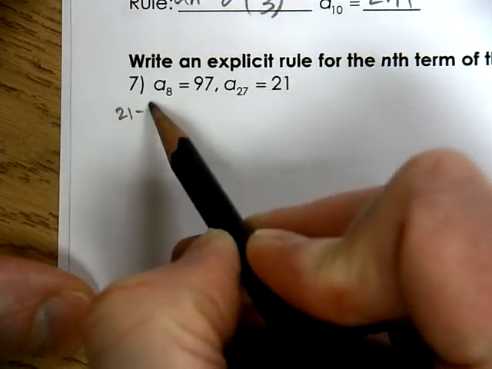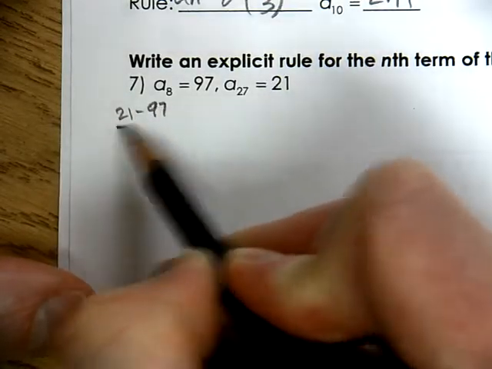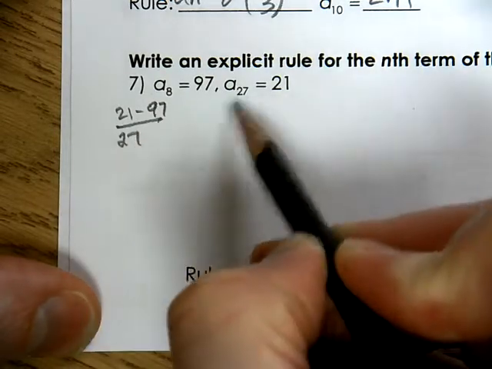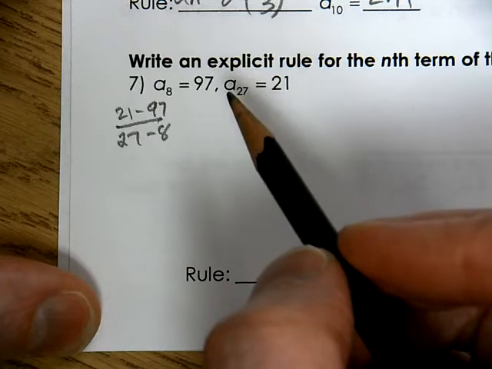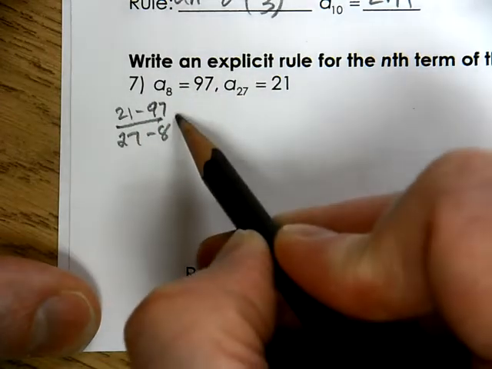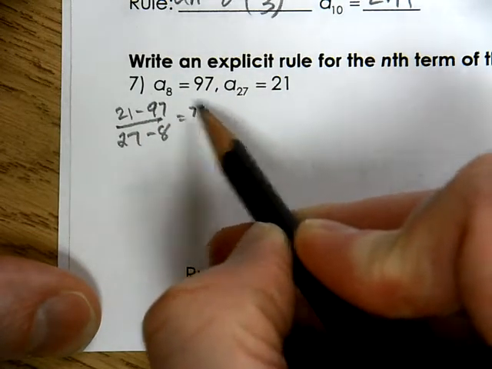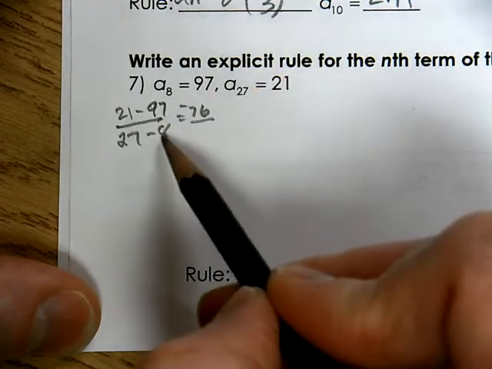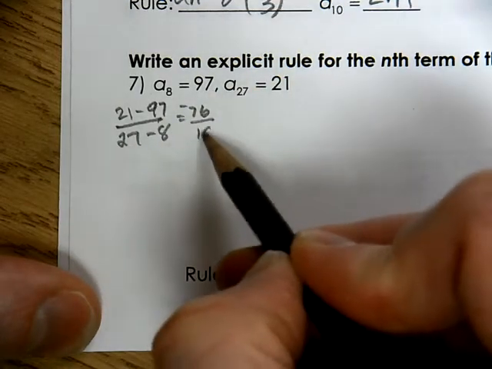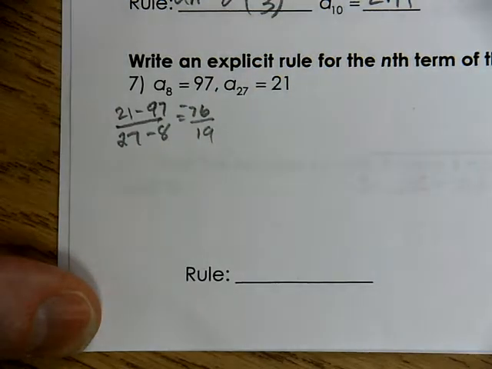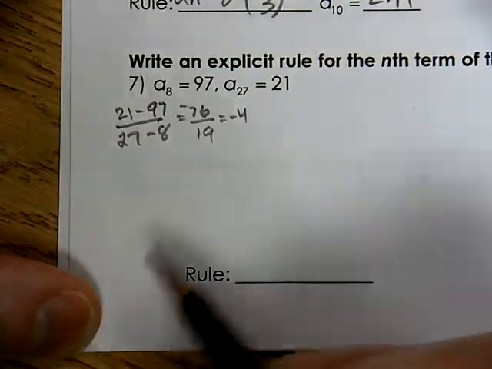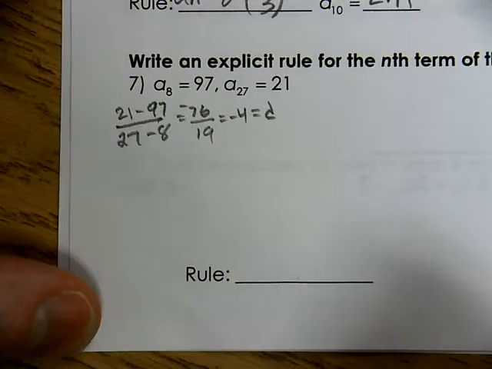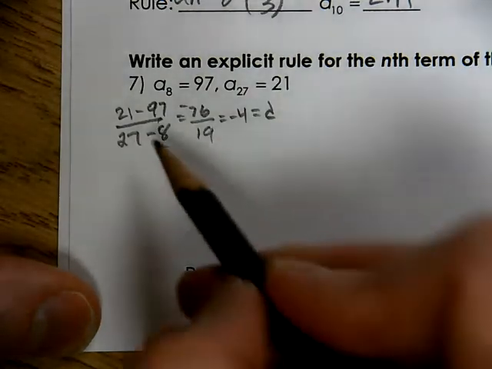So we did 21 minus 97 and 27 minus 8. So we got negative 76 over 19, and that equals negative 4. So we know our D is negative 4, which is our slope.